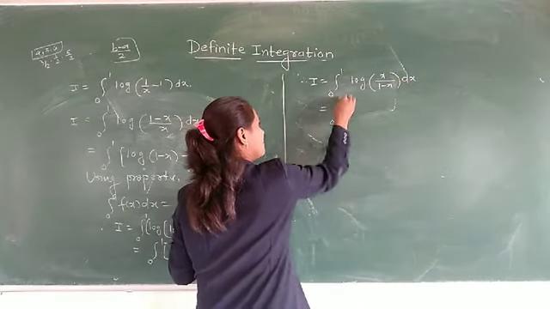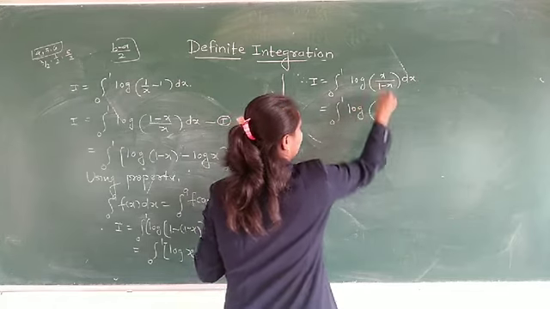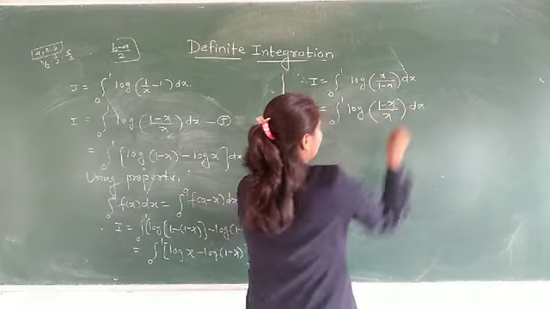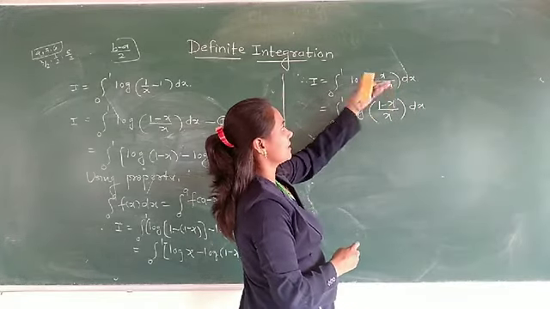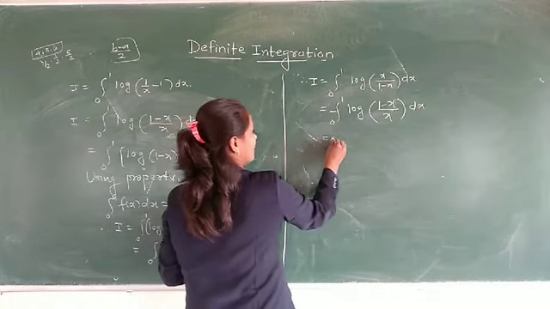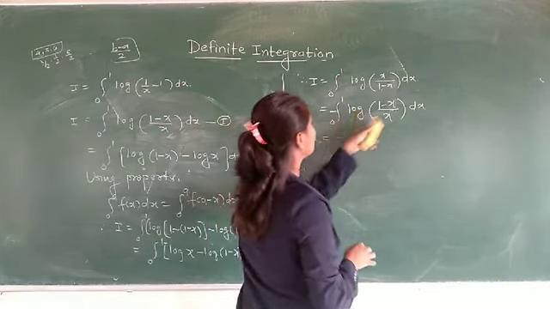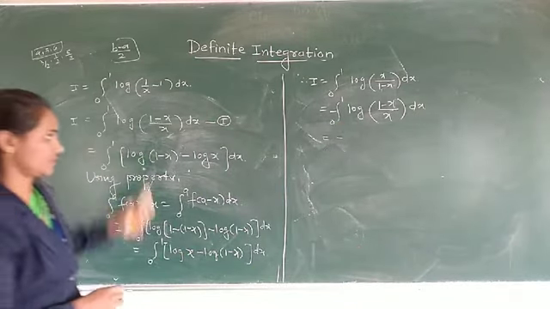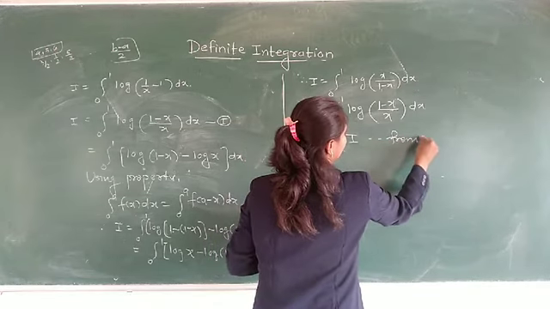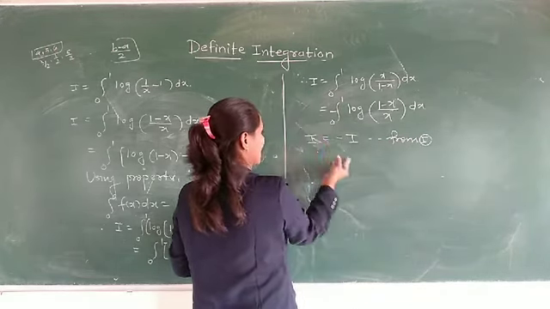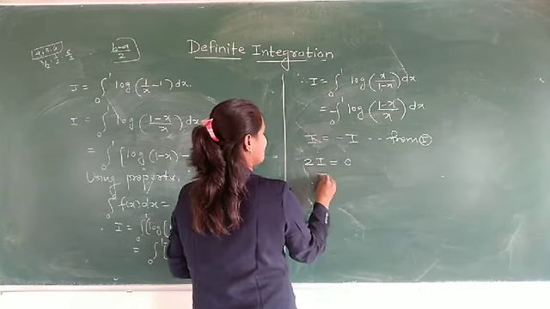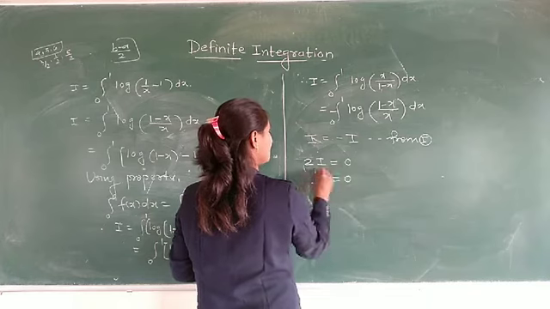Now if we change the numerator and denominator, as (1 minus x) upon x, then here we will get a minus sign. This is the value of our first equation, that is equal to I. Since the minus sign on this side becomes plus, 2I is equal to 0. Therefore the integration is equal to 0.